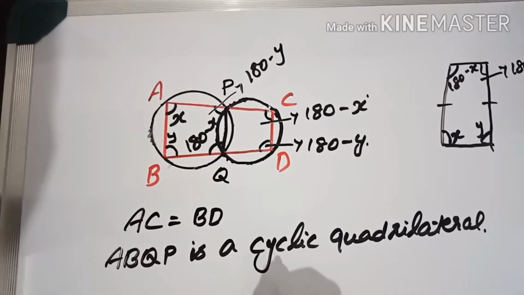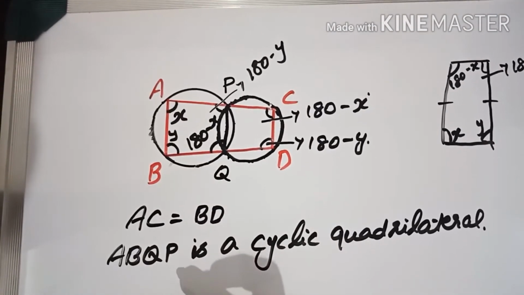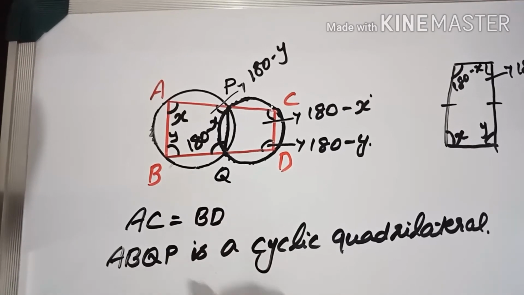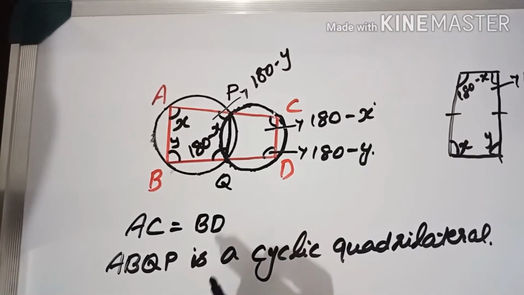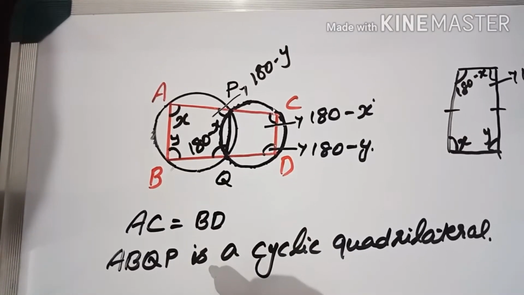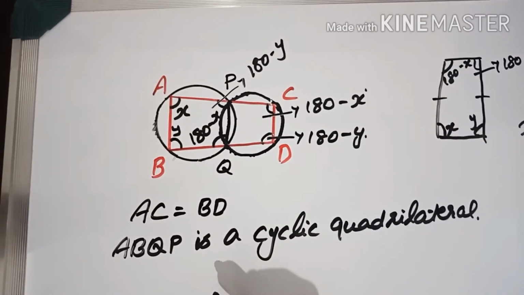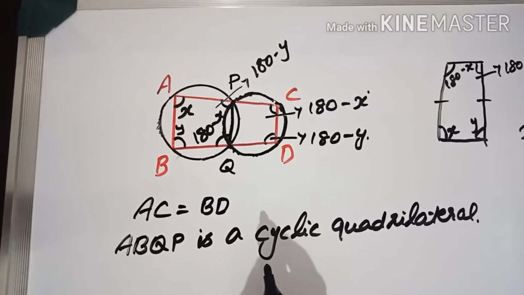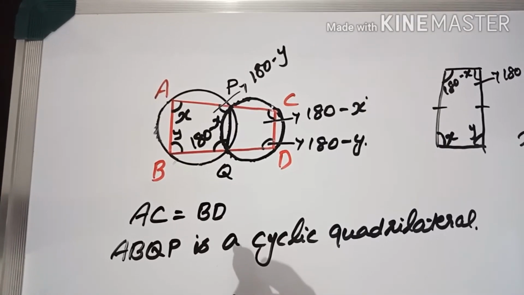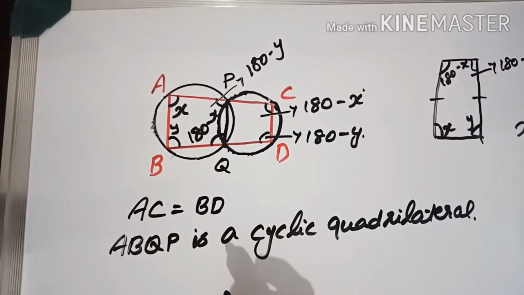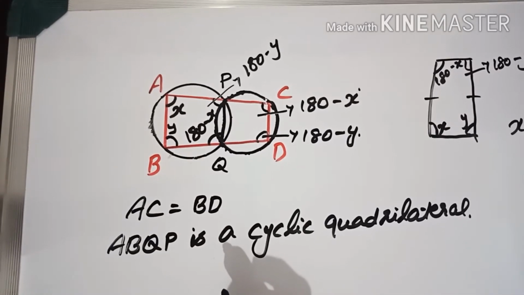Now in the previous question, I gave one homework: prove that isosceles trapeziums are cyclic quadrilaterals. So from that question we proved that isosceles trapeziums are cyclic quadrilaterals.